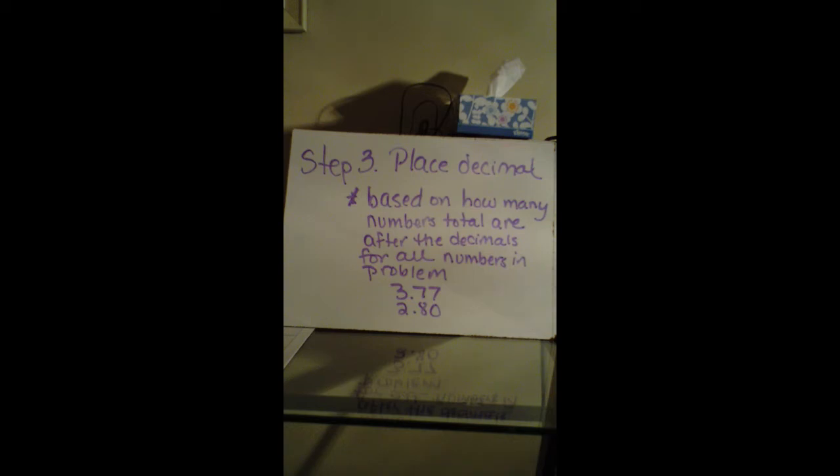And this is going to be based on the total numbers that we see after the decimals for the problem. So we have 3.77 and 2.80. You look at all of the numbers that are after the decimal, and I have 1, 2, 3, 4 numbers.